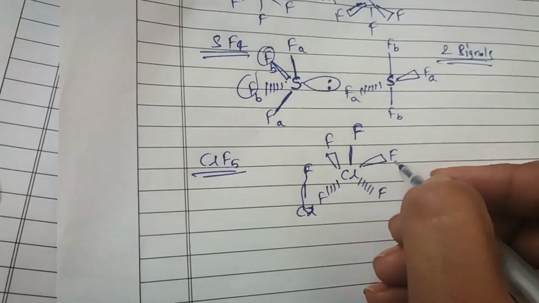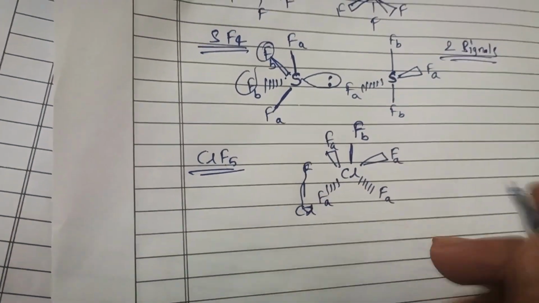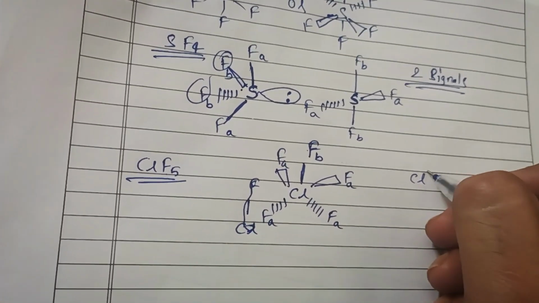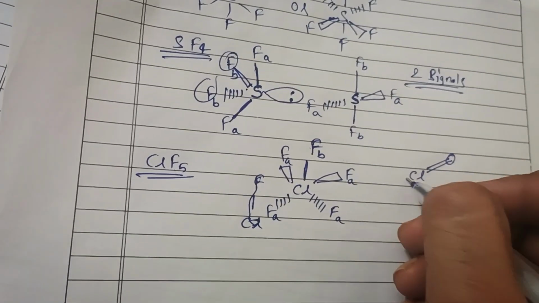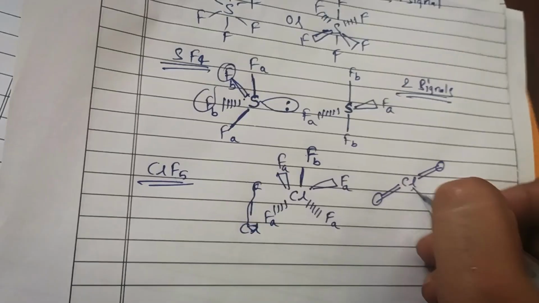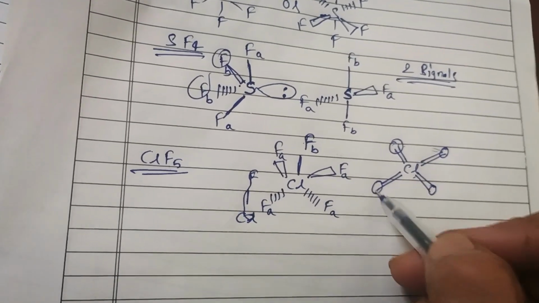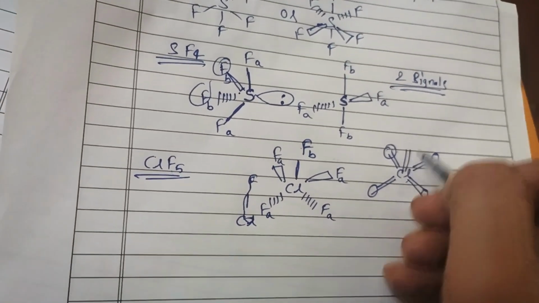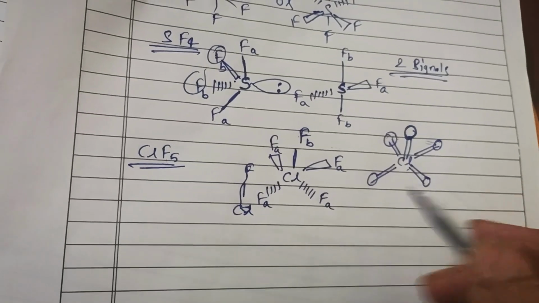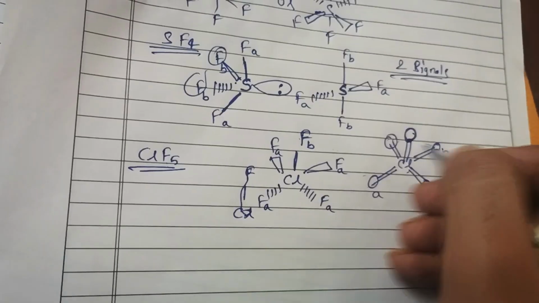Hence A, A, A, A, and it will be B. These two are the back fluorines, these two are the front fluorines, and this is the upside fluorine.